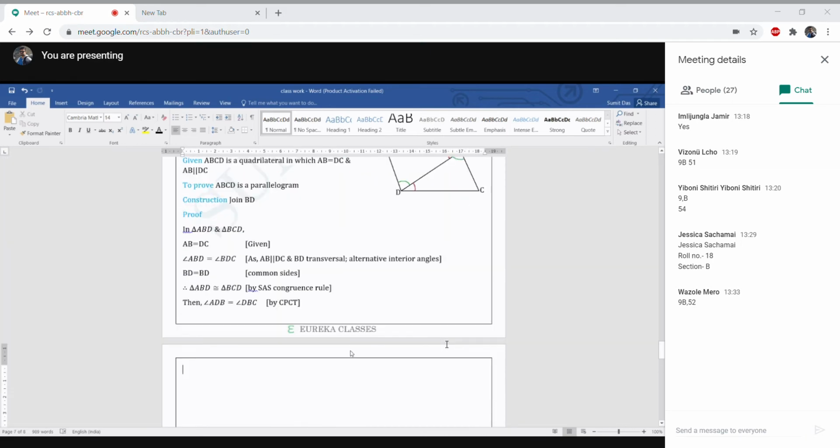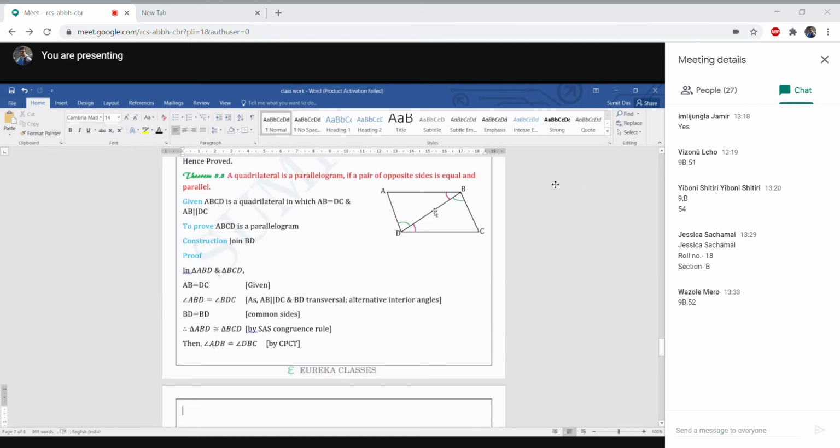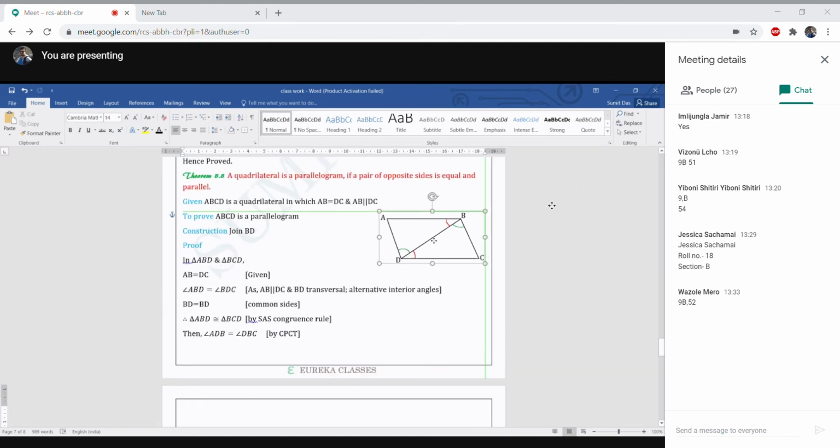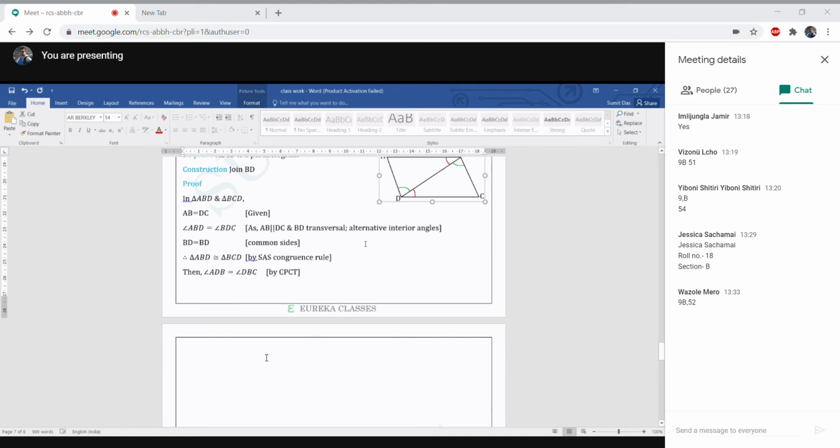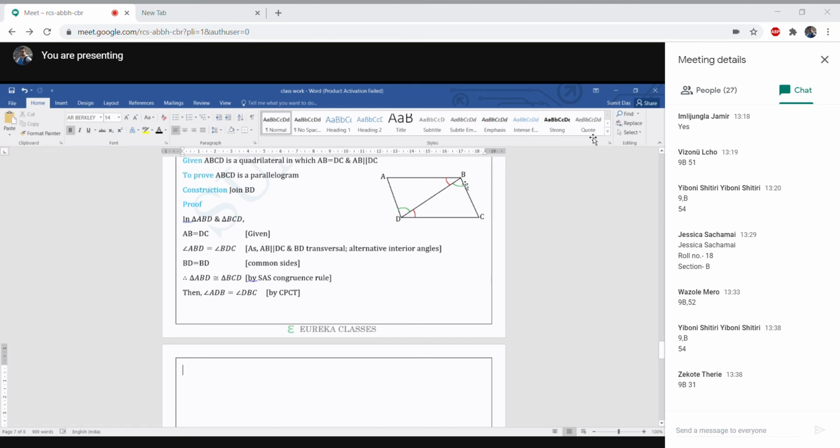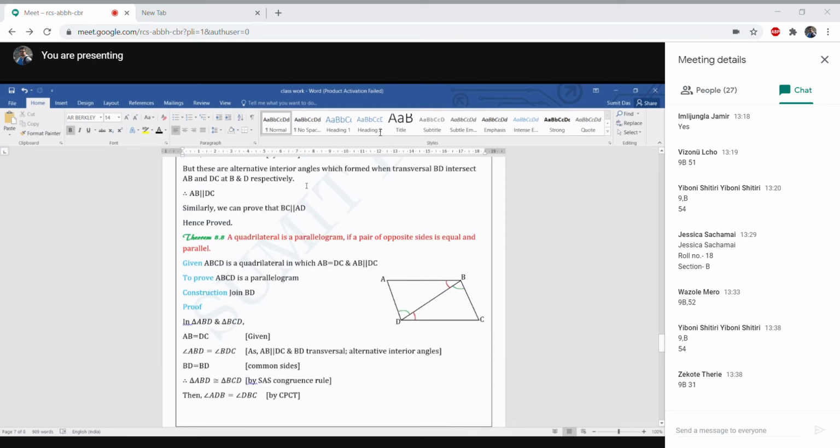Then I'm moving a little down. If these two angles are equal, you can see AD and BC are two lines where BD acts as a transversal and these two green colored angles are equal, just like the previous theorem. So we can prove AD equal to BC.